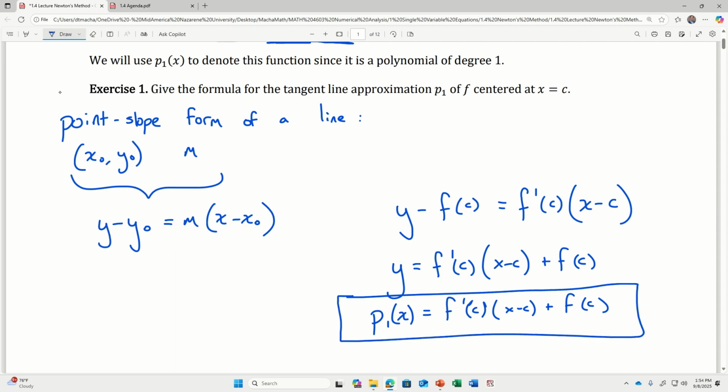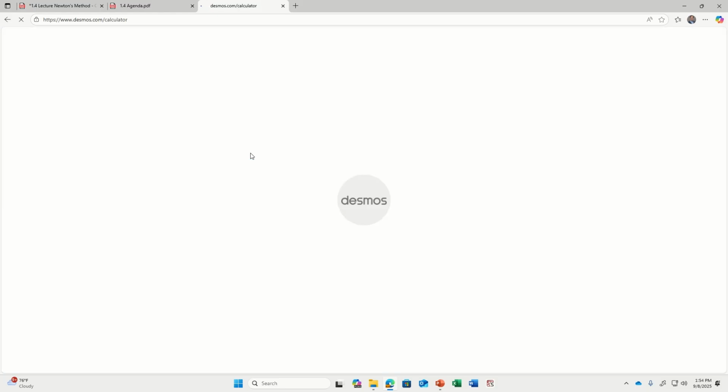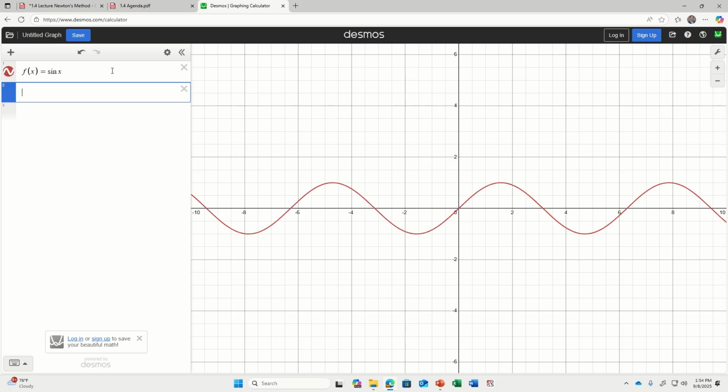That's going to be important today. Let me show you really quick, because it's nice to have a picture of this stuff. It's funny, we were also talking about this in Calculus 1 earlier. Let's say I define some function, call it sine, and I want the tangent line.